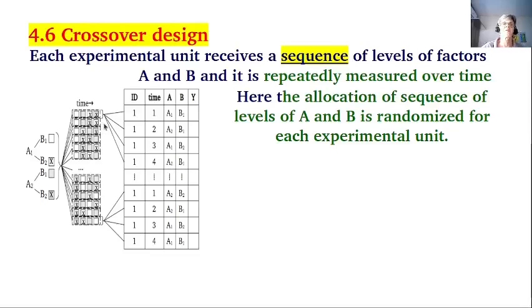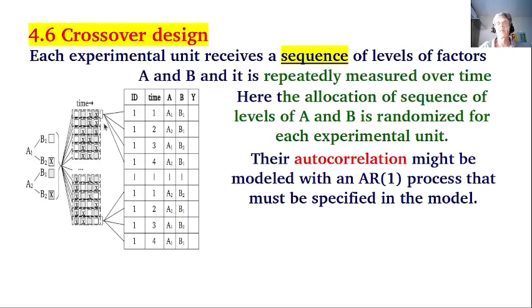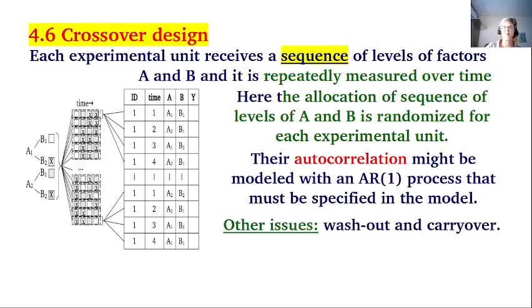This sequence is randomly applied to different experimental units. The autocorrelation over time must be specified and modeled as part of experiments. There are additional issues arising in crossover designs that are described and discussed to some extent in the book. These are the washout and the carryover effects. Please have a look if you are ever going to apply this experimental design to your data.